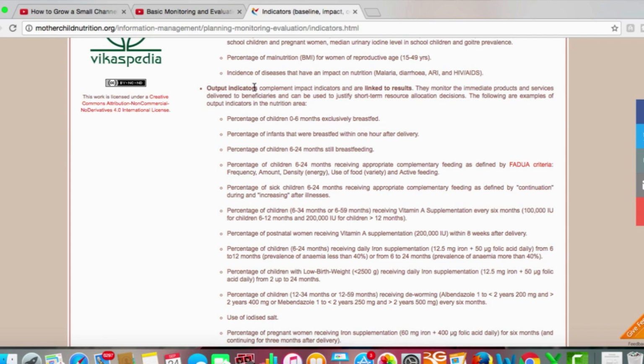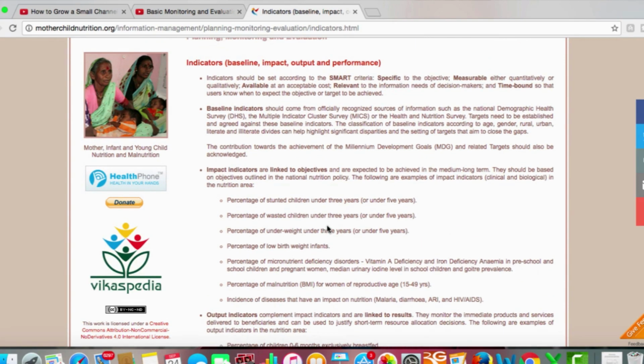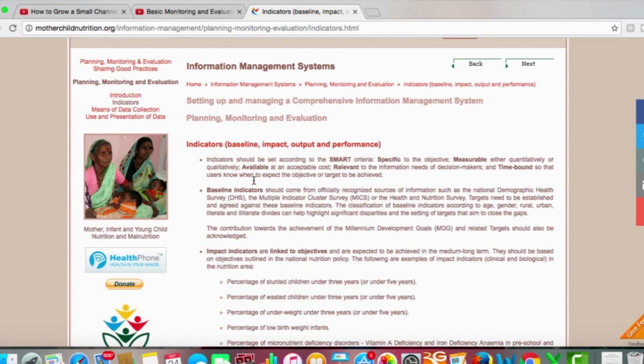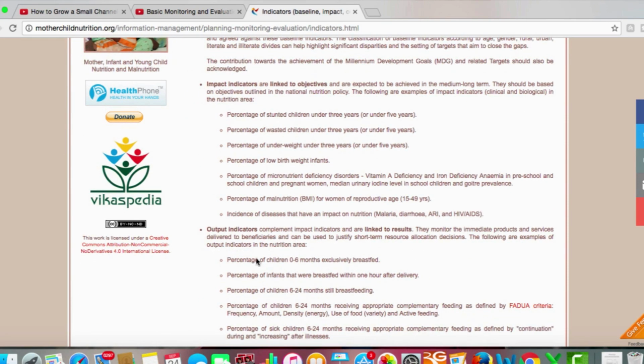Now, when it comes to output indicators, this I'm suspecting, or maybe we could get something here, but it's a program to deal with health. So an example of an output indicator here is percentage of children between 0 to 6 months exclusively breastfed, percentage of infants that were breastfed within 1 hour after delivery.